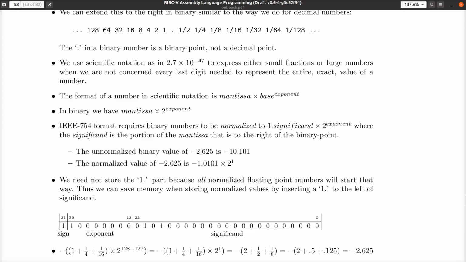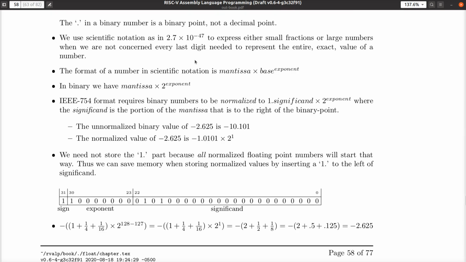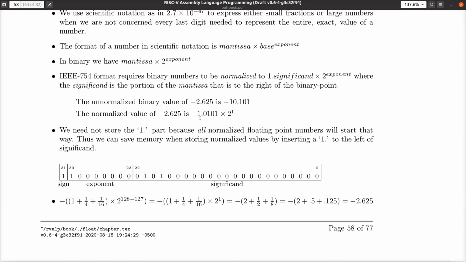In order to use this format, we need to have normalized binary numbers, which means you have to have some digit to the left of the binary point, followed by more digits to the right, and 2 to the power. So to do that, let's look at C here.